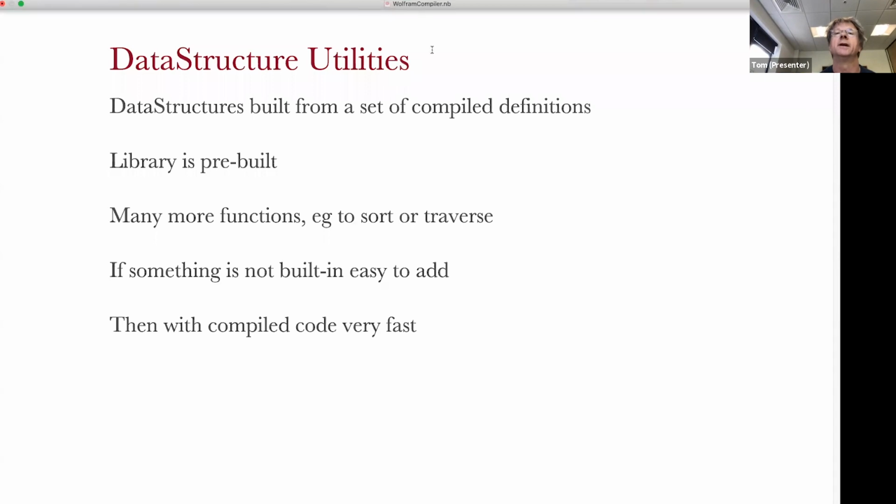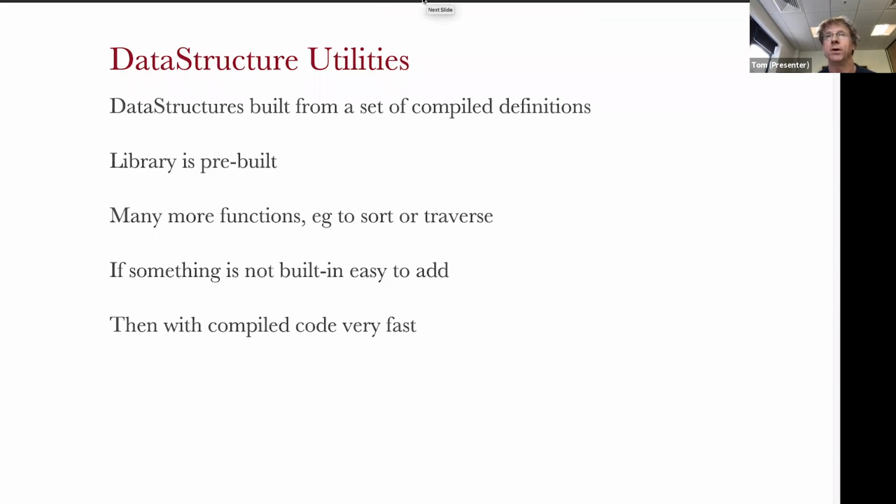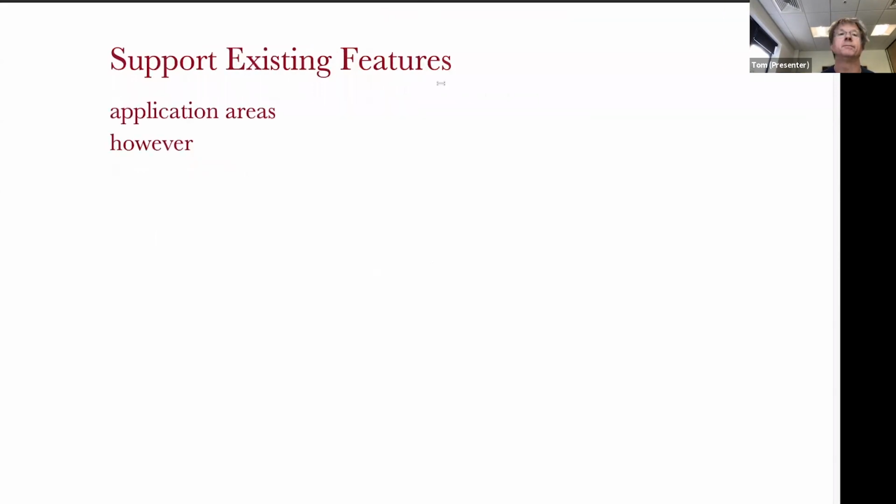So I think that's advantageous, at some cost. Another of the goals was to support existing functionality. And by the way, there's a question about how you know whether a data structure can be changed in place or not. The documentation says whether they're mutable or not.